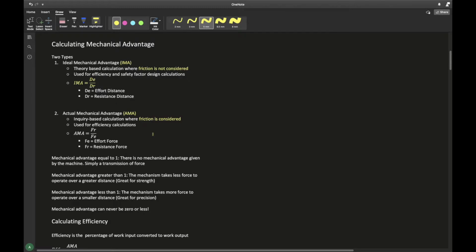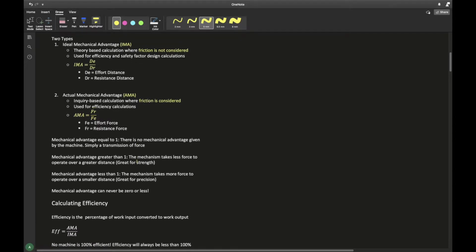You're actually truly measuring the forces it takes to work with your simple machine. And you can use that to gather the percent efficiency for later designs. We calculate the AMA using, like I said, the forces, and it's the ratio of the effort force with the resistance force, as shown in the equation here.